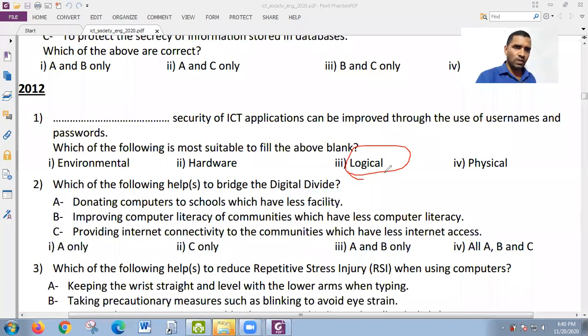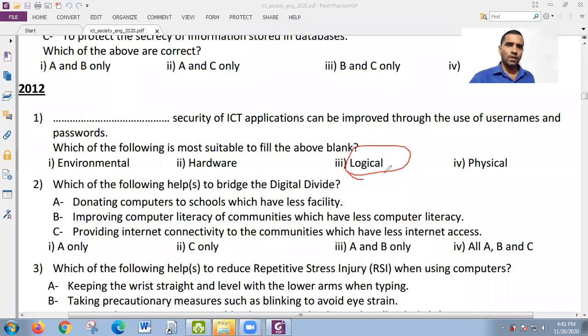So I just want to recall that we have logical protection and also physical protection. If it is physical protection, you have to protect your computer using some devices like UPS or surge protector, fuse, right? Even you can lock your door. So these are physical related things.